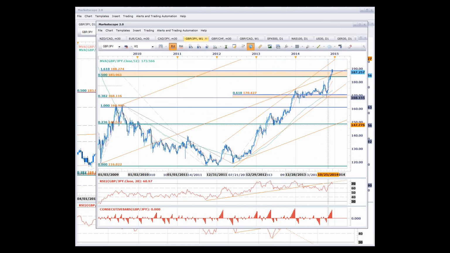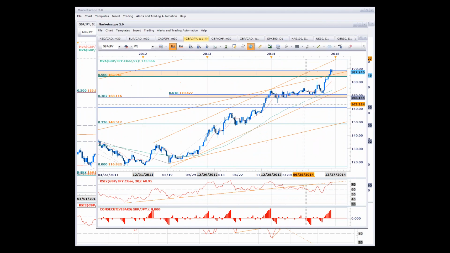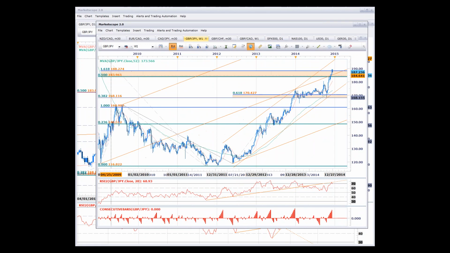We were looking for a pullback early in the year to get long. The pullback materialized with the first 4 weeks showing a nice down move here. We held this range literally until September. We finally got the range break to the upside, and the first target just got achieved last week, and that was that 183 into 188 barrier.